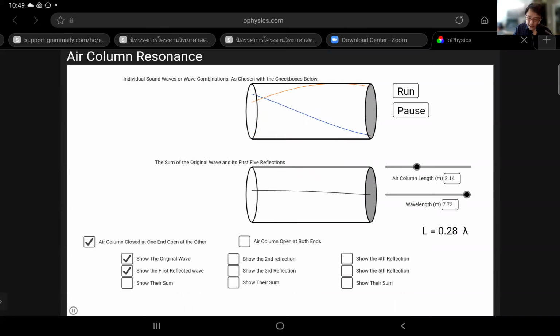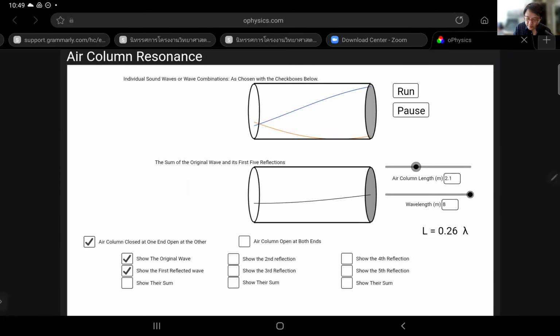So let me cheat a little bit, let me put 8 in there. If I have a wavelength of 8 meter, what kind of tube should I pick to make it fit perfectly? Okay, lambda over 4 is going to be 2. So I should pick a 2 meter air column. All right, I can get this close. Okay, this is close enough. And that's when you're going to get the highest oscillation. Can you see that?